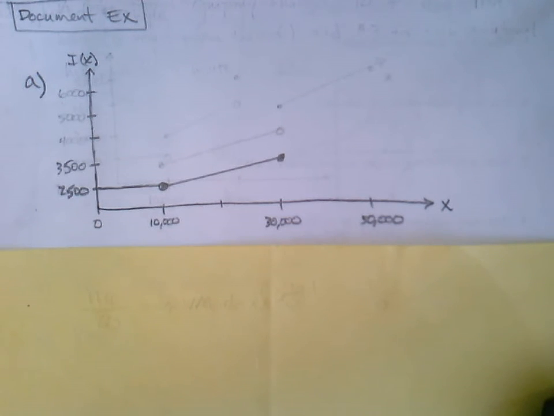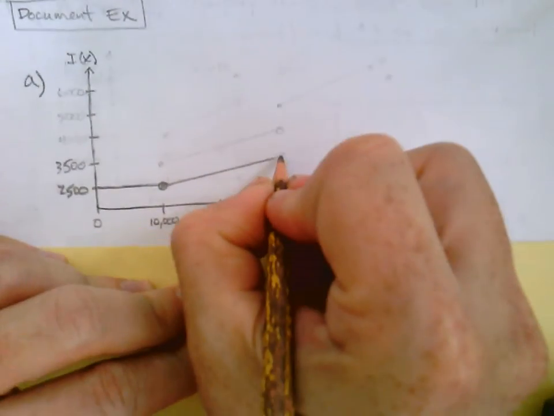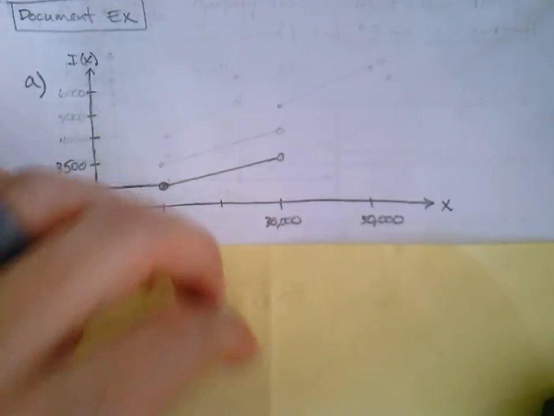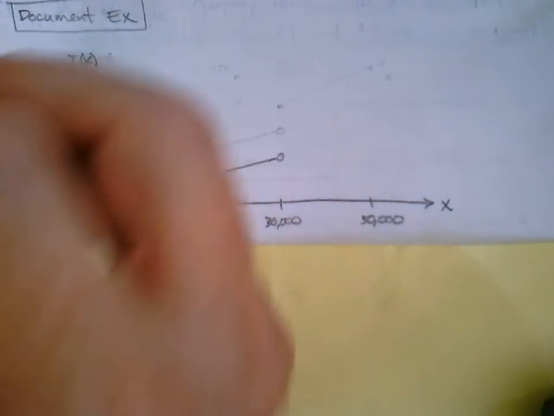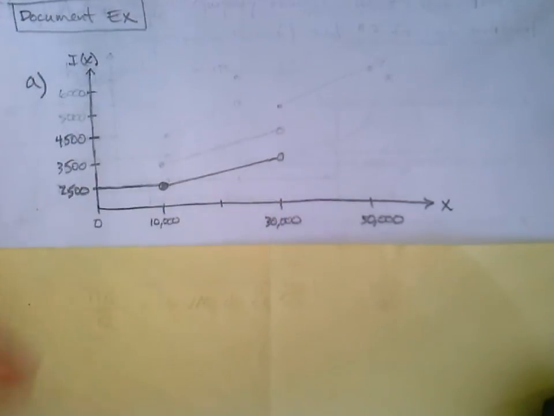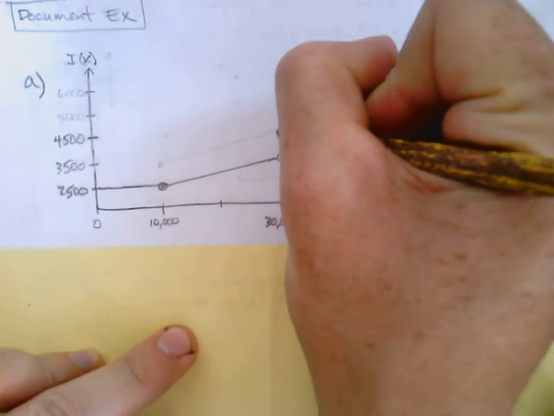But now at the moment she hits 30,000, she gets a $1,000 bonus. So I actually should not make this a closed circle. That should be an open circle. Because as soon as she hits 30,000, boom, up another 1,000.